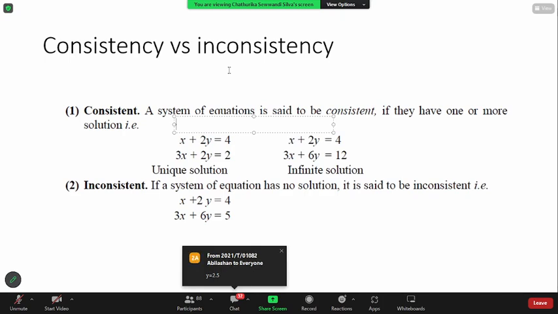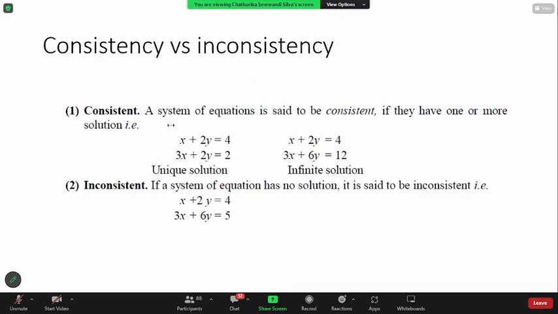Right. So that is for these two equations.